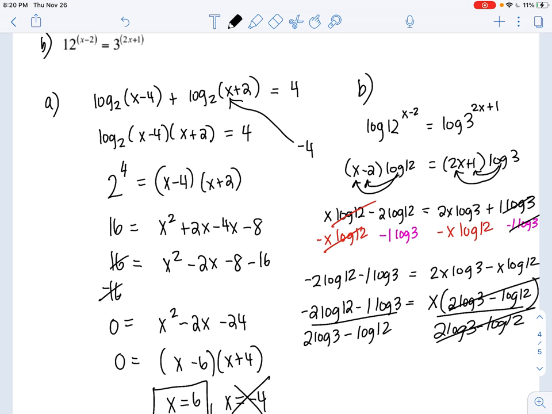Okay, so in your calculator, to make sure you do this properly, put brackets around this, and then separately put brackets around your denominator to make sure you don't make a mistake. Okay, so I'm going to put bracket negative 2 log 12 minus 1 log 3.